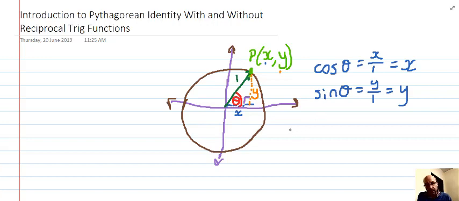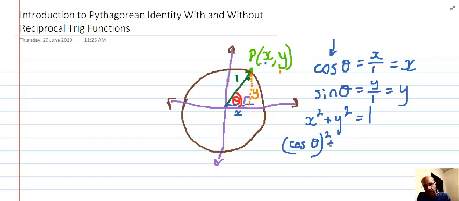What about if we use Pythagoras' theorem on the little triangle? So we would have x squared plus y squared equals 1. You can see that there. And if we have this substitution in for x, that would be cos theta all squared, and correspondingly for sine and y, sine theta all squared, that equals 1.